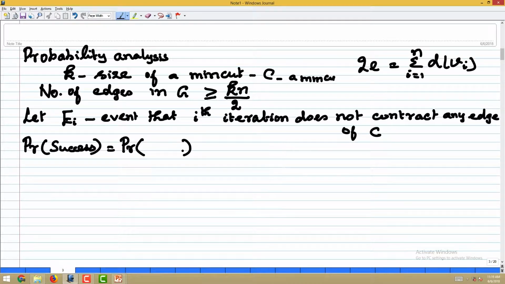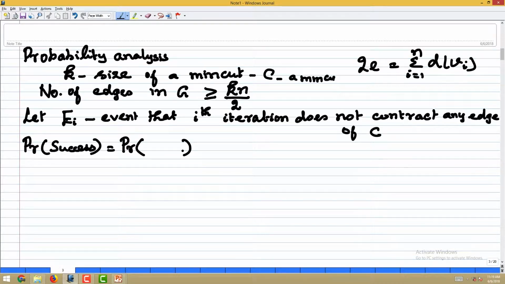In the first iteration, none of the min cut edges are contracted, correct? Second iteration does not contract any edge of the min cut. So, if it is followed in all the iterations, finally you can get the correct answer, correct? So, what is needed in terms of Ei? Totally how many iterations? n minus 2 iterations, correct?